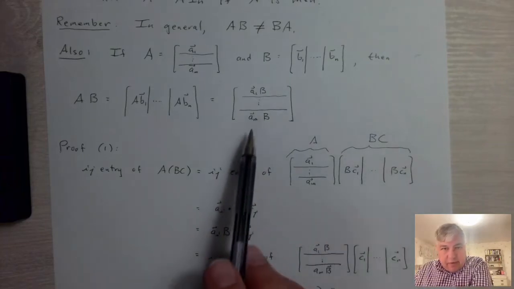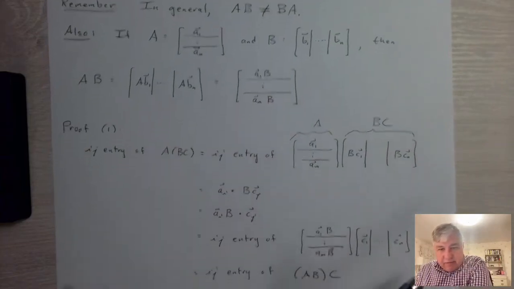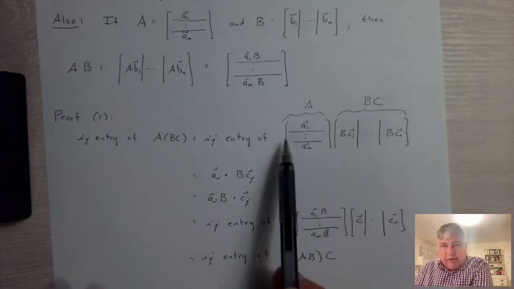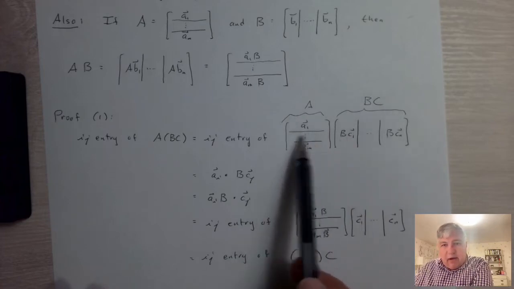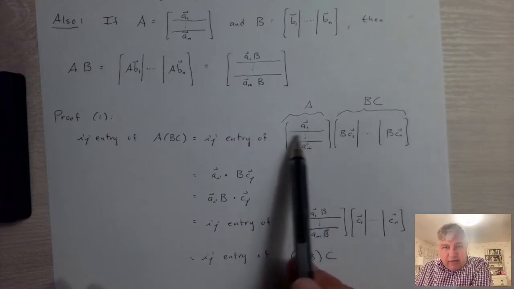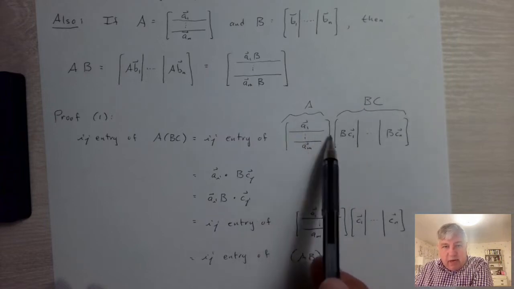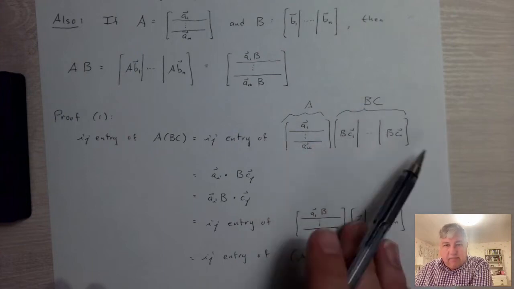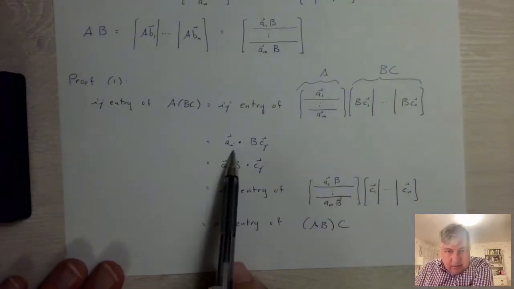We do it this way from our discussion up here. Remember that when you multiply these two matrices, you take the row over here and a column over here. So you take the ith row here and take the dot product of that with the jth column here. So that's what we get here.